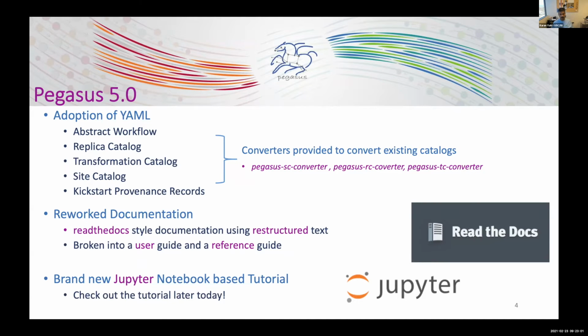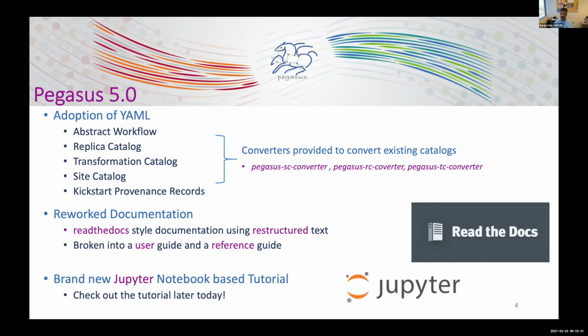And we have also updated our monitoring tooling to automatically parse Kickstart records in both the old XML-based format and the YAML-based format. For end users, we are providing catalog converters. So let's say you had your existing handwritten catalogs for Pegasus, you can use the tools that we provide to update your catalogs to the new format.